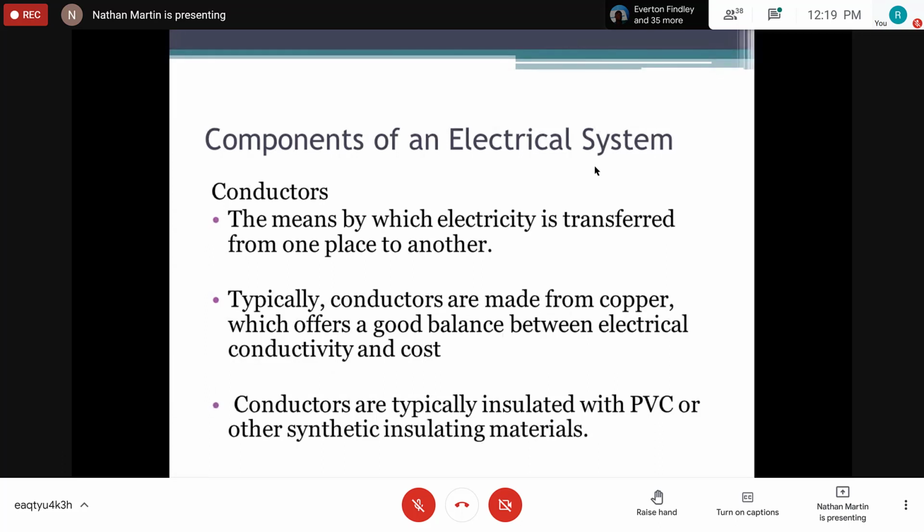While thermosetting material is the type of material that is a combination of both thermoplastic and high temperature device. Now, an example of this type of cable would be your XLPE cables, right? So your XLPE cables would be a type of thermosetting material.